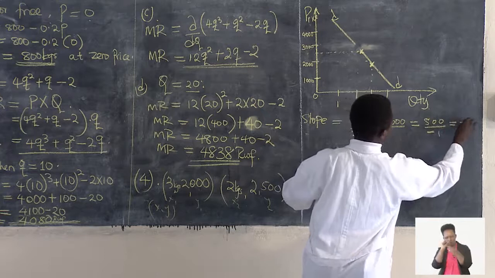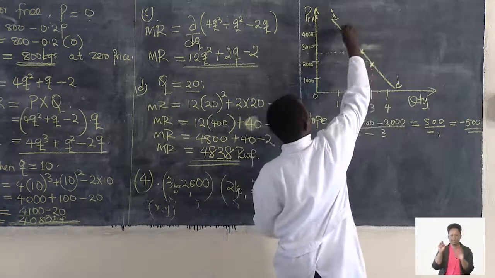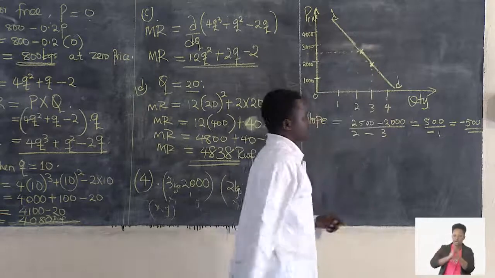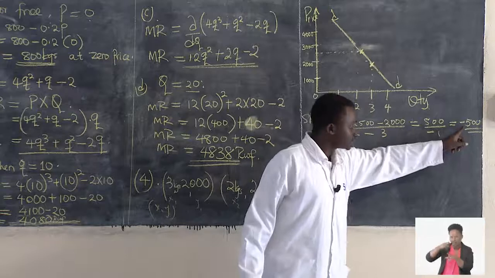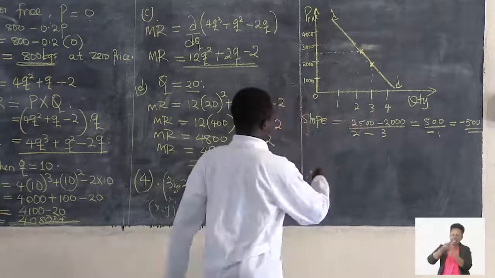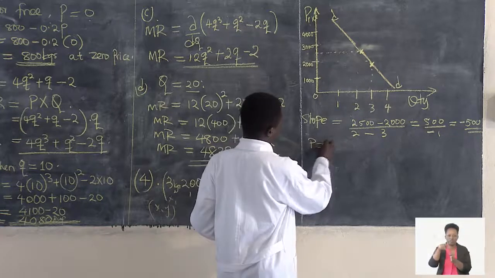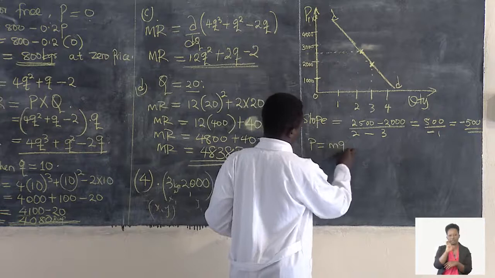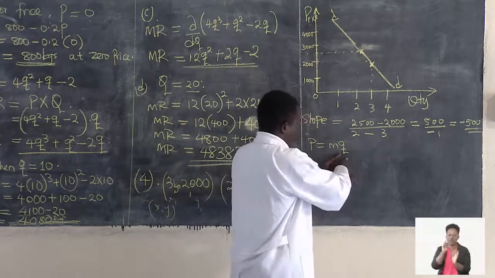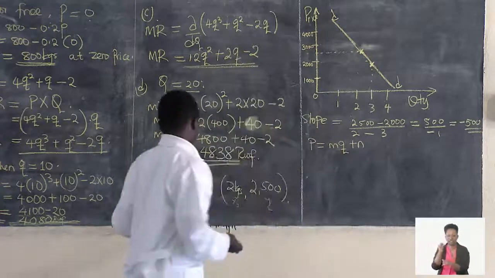So our slope is negative, as you can see. That's why our gradient here is negative. Then we use the general equation, price equals gradient m times quantity demanded plus any constant n. We can use any pair here.